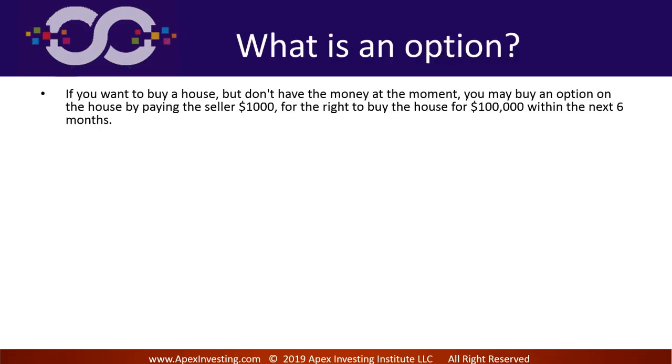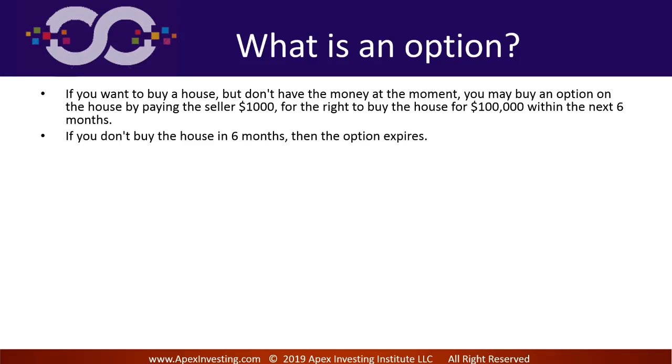Well, if you want to buy a house, but let's say you don't have the money at the moment, but you still want to get it and you want to lock in that price, you can buy an option on the house by paying the seller, let's say, a fee of $1,000 for the right to buy the house for $100,000 in the next 6 months. Now, if you don't buy the house in the next 6 months, the option expires.